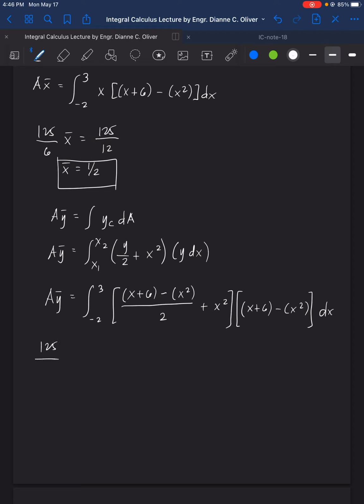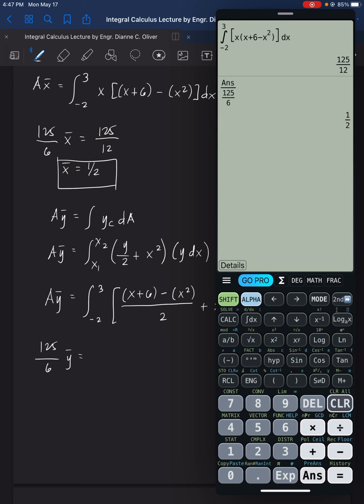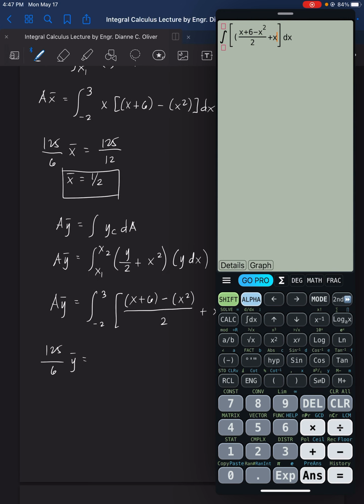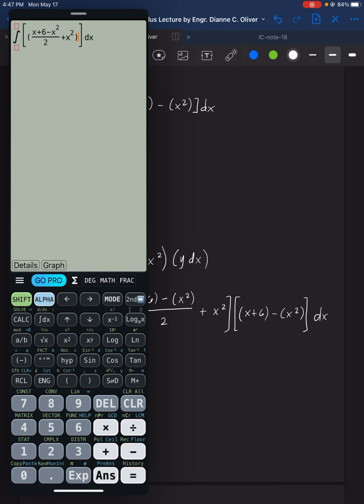So we have here 125/6 for the area. Y bar is equal to the integral of (x + 6 − x²)/2 + x², times (x + 6 − x²), with limits negative 2 to 3.